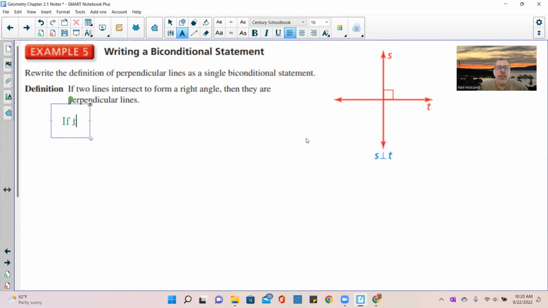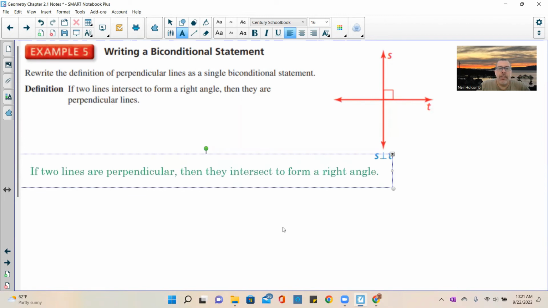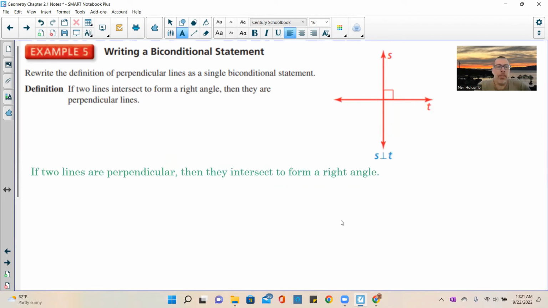You'd say if two lines are perpendicular, then they intersect to form a right angle. Okay, so that is the converse, Q then P. And think about that. If two lines are perpendicular, they intersect to form right angle. That is true. Okay, so the definition is true. The converse of the definition is true. And now I can state it as a biconditional statement.